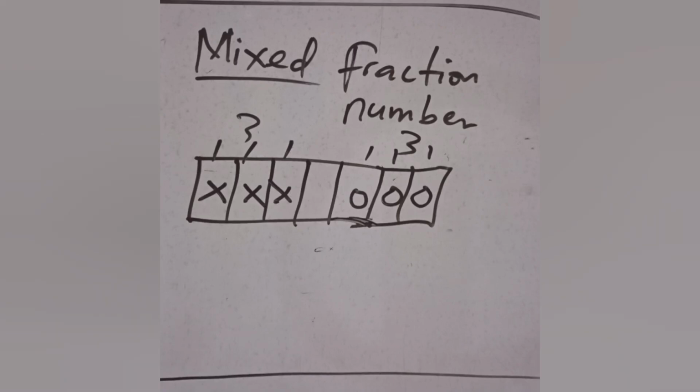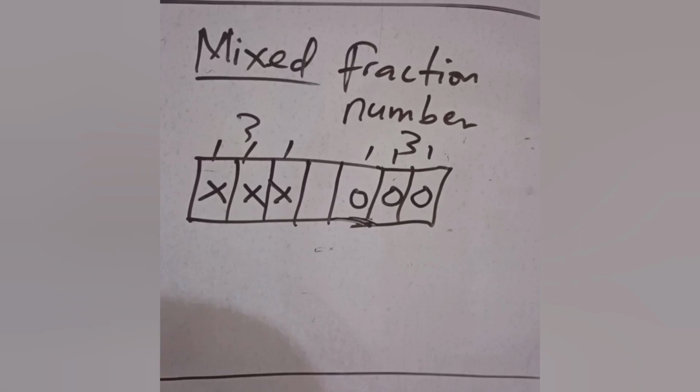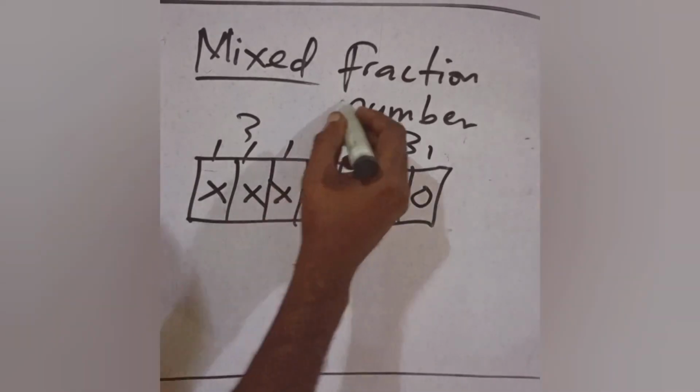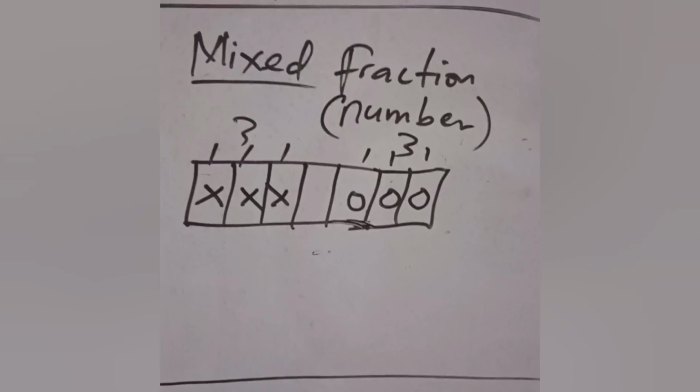Mixed fractions simply means you're expressing the number as a whole number plus a fraction. Remember, improper fractions are what give you a mixed number or mixed fraction. You can say mixed number or mixed fractions. So very simple.